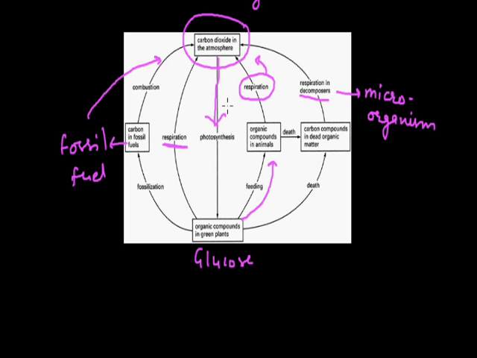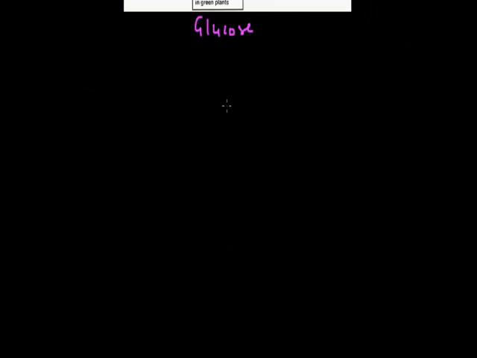Now, what are the various processes in which carbon dioxide is produced? The first process is respiration, in which carbon dioxide is produced. The second process is combustion, or burning of fossil fuel.